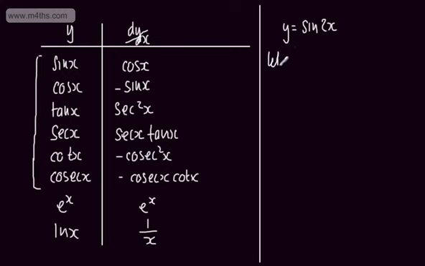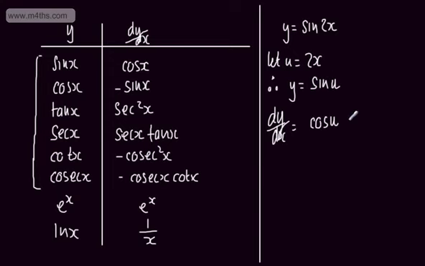So let u be equal to the inside function, 2x. Therefore y is equal to the sine of u. We could use the chain rule to differentiate this function of a function. So dy by dx is equal to dy by du, the derivative of y with respect to u, which is just cos u, multiplied by du by dx.